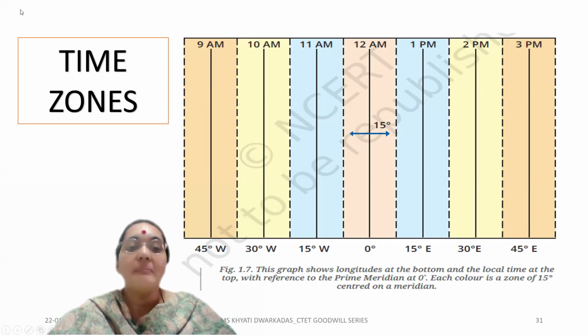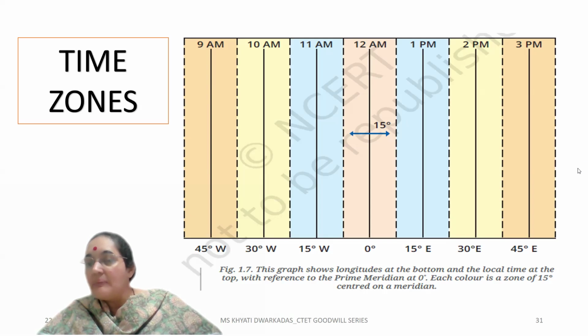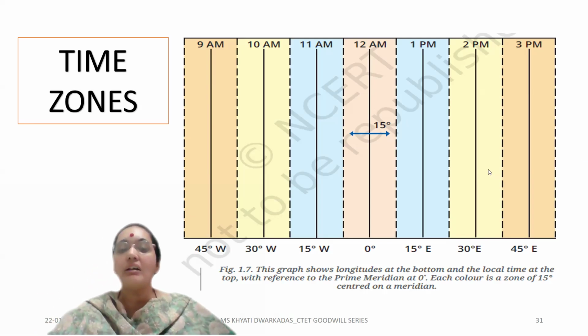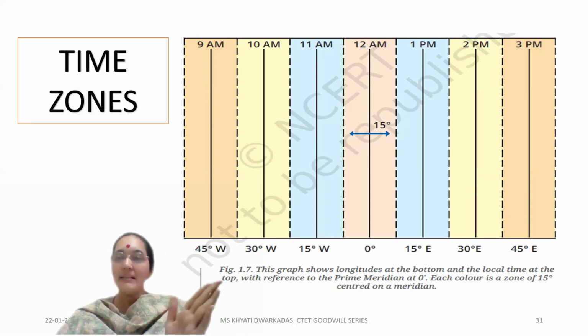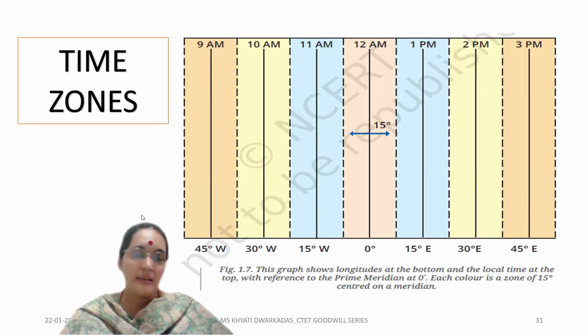Okay, I can see someone mentioning something in the chat. Let us just look at it. Yes, perfect, Zainab ma'am. And we are also being able to see the same kind of time chart on our screens right now. As you move west, time decreases. As you move east, time increases.